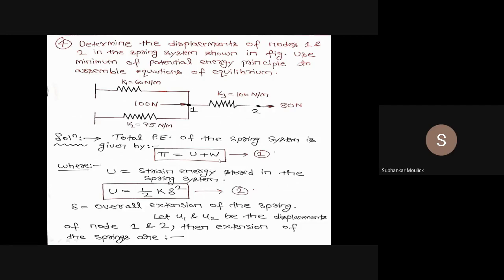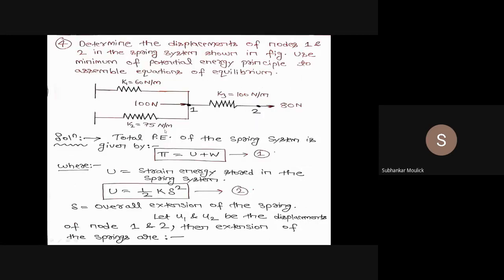So the work done by point load is given by, since this work done is negative, minus summation of point load into displacement at that particular node where the force is acting. Here i represents the nodal point where F is acting.